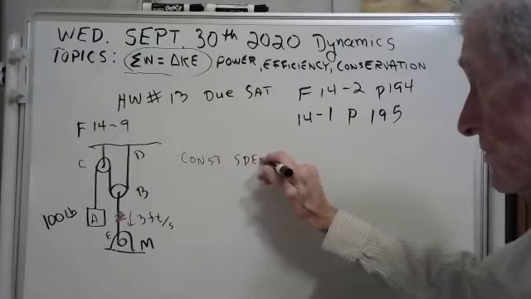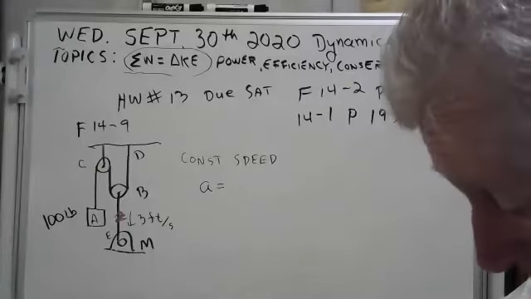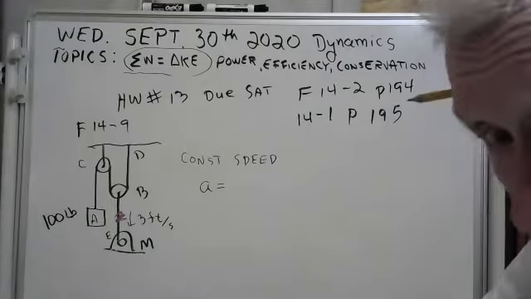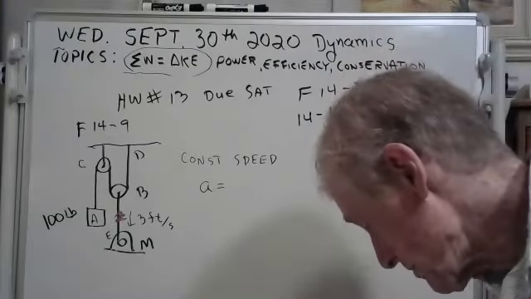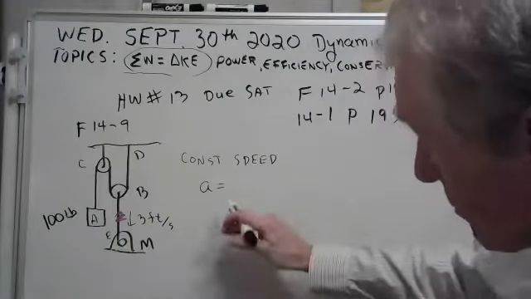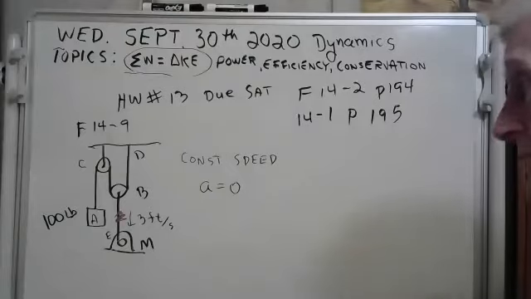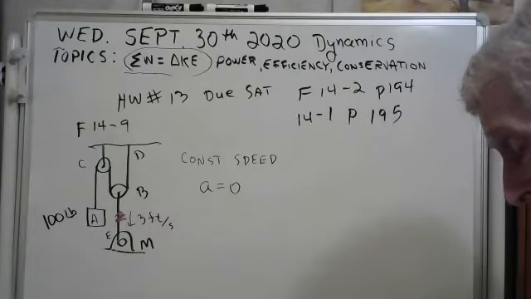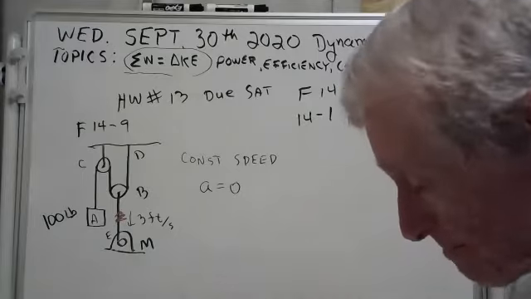Well, if you have constant speed, what will be the acceleration? What do you guys think? Somebody tell me. Go ahead. It's 0. There's going to be no acceleration. Do I need to explain that?